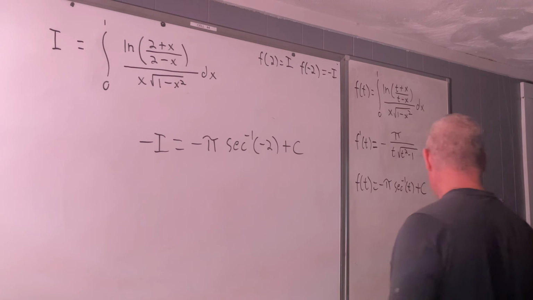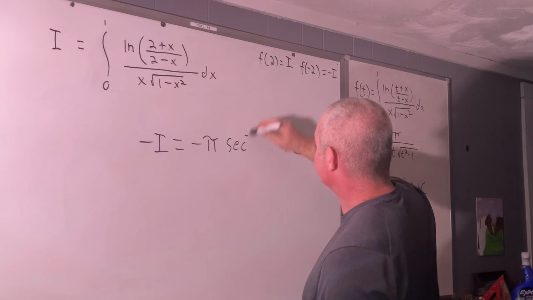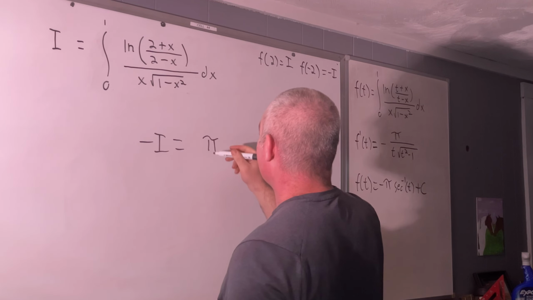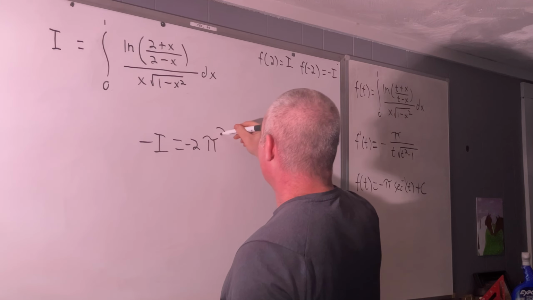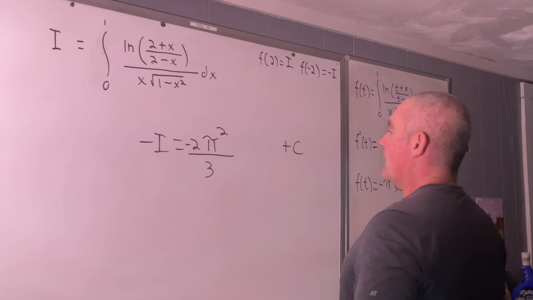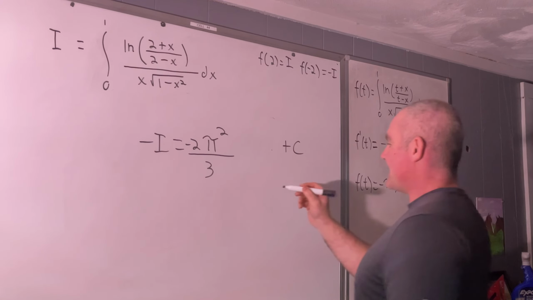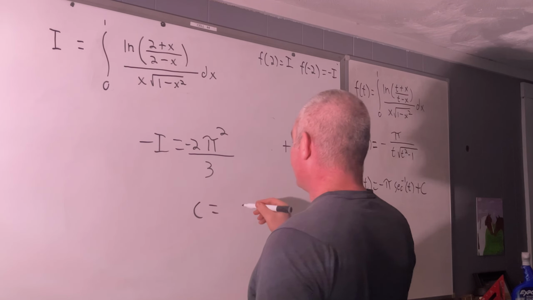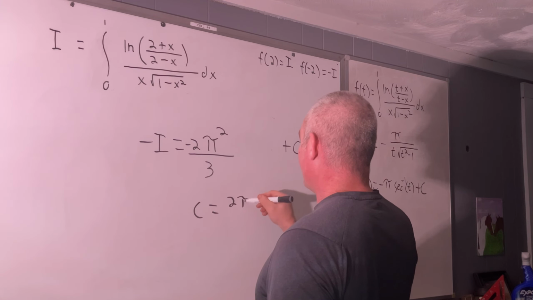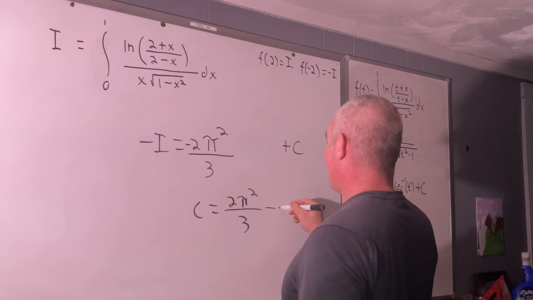Secant inverse of negative 2 is 2 pi over 3. All right, well, what does that mean? That means that c is equal to 2 pi squared over 3 minus I.